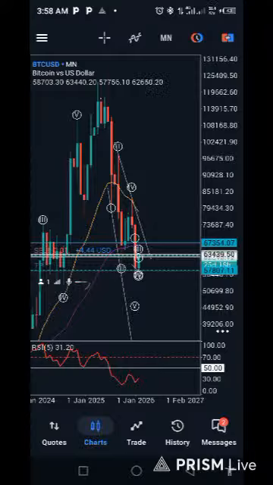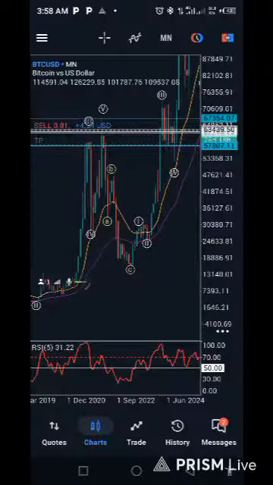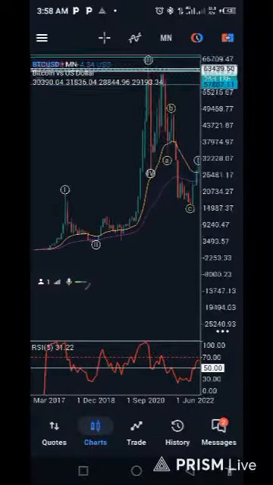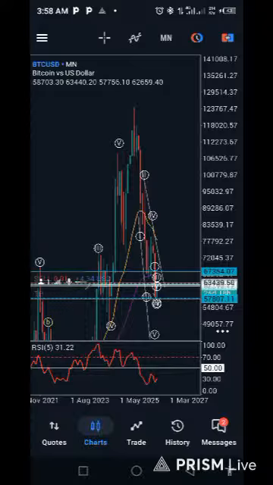I'm suspecting Bitcoin might get to 25,000, or 25 to 30,000, and that will be the perfect time to buy, when we have a confirmation. I believe this wave that has been forming from here to the highest top is wave one.